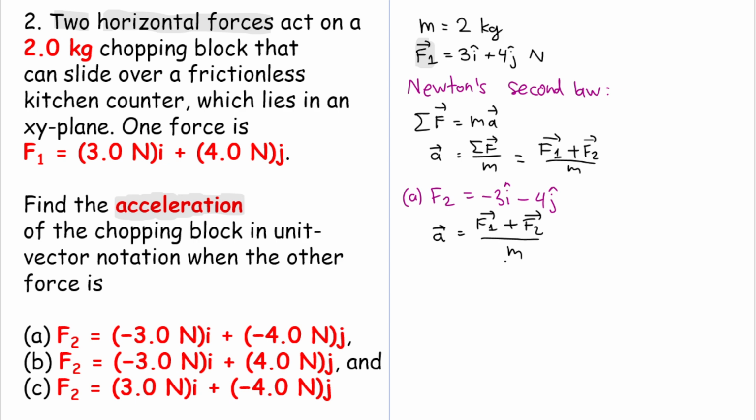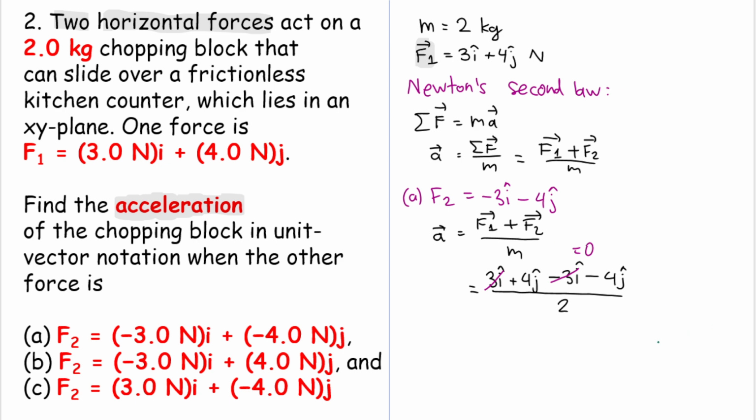Good. Now what is F1? We'll have 3I plus 4J, and then plus F2. F2 is minus 3I and then minus 4J. And divide that by the mass of the block. What is the mass? 2 kilogram. Okay, let's see here. We will have 3 and minus 3 cancel each other, so that becomes 0.